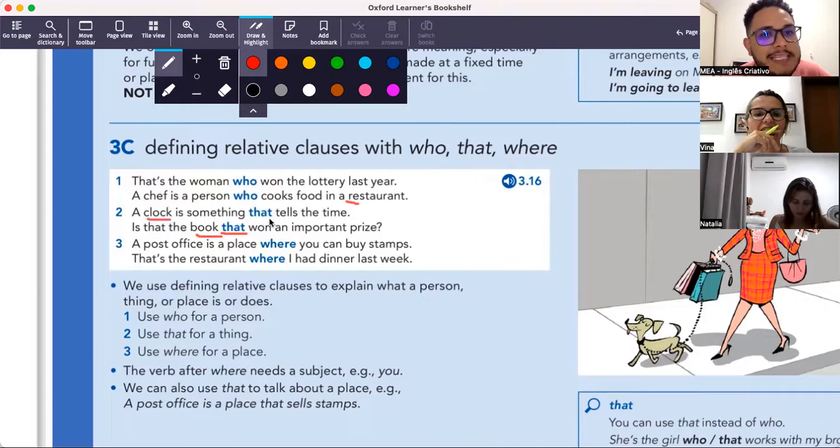As well as that is related to the clock. Keep going, Vina. Things. A post office is a place where you can buy stamps. Perfect. That's the restaurant where I had dinner last week.